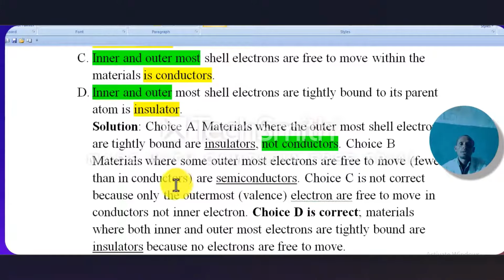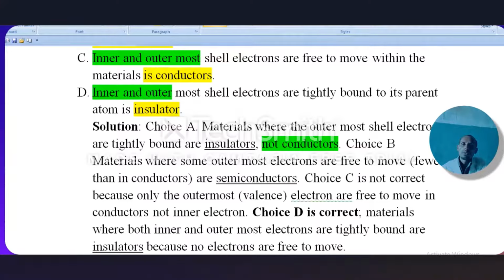Choice C is not correct because only the outer or valence electrons are free to move in conductors, not the inner electrons. Choice D says that where both inner and outermost electrons are tightly bound, it is an insulator because no electrons are free to move. So the correct answer is D: inner and outermost shell electrons tightly bound to its parent atom is called an insulator.